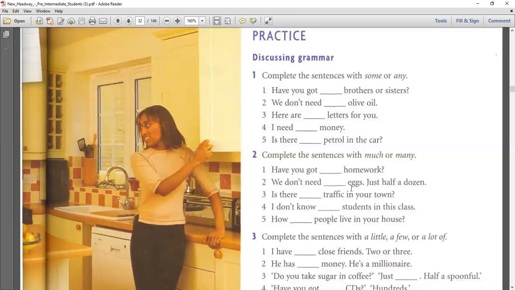Just have a dozen. Is there much traffic in your town? Much traffic, because traffic is an uncountable noun, so we use much. I don't know many students in this class. We have students. This is a countable noun, so we use many. How many people live in your house? Because this is a countable noun.